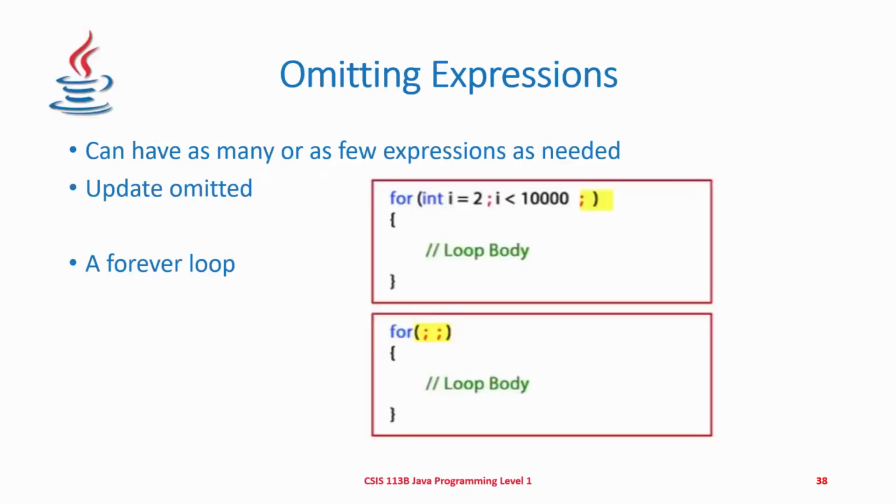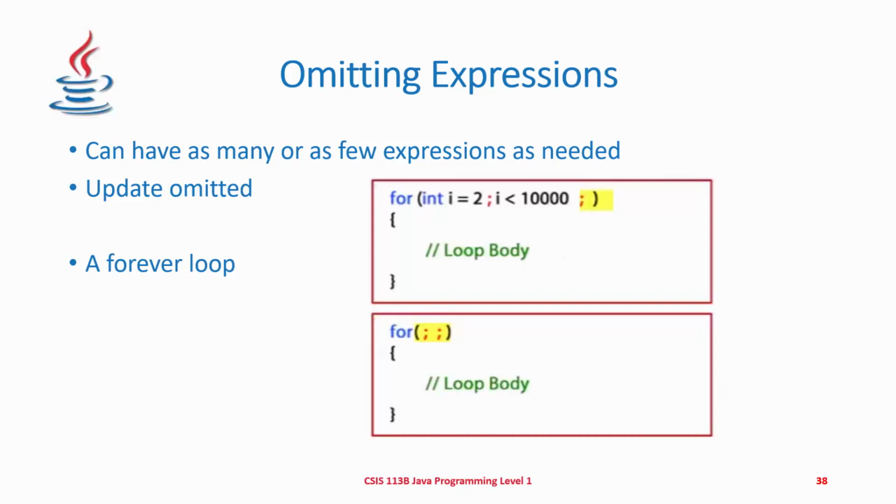You can omit expressions from the for. You just need to make sure that you have the placeholder for all three expressions. So notice in both examples here, in the first example, we've initialized I equal to 2. We're going to run the loop as long as I is less than 1,000. And then within the loop body, hopefully you're going to increment I at some point, because otherwise this would be an infinite loop that would run forever.